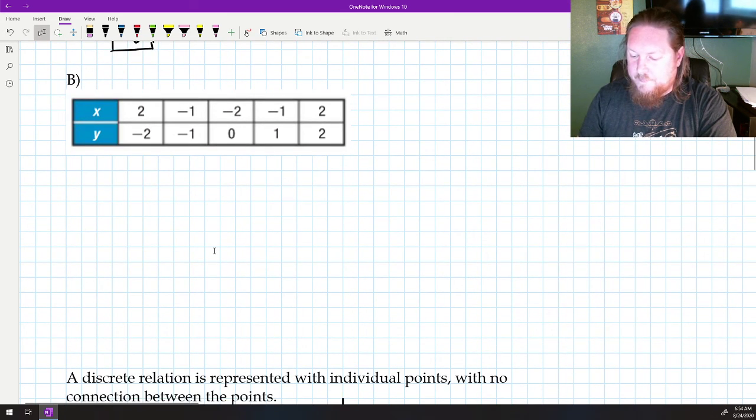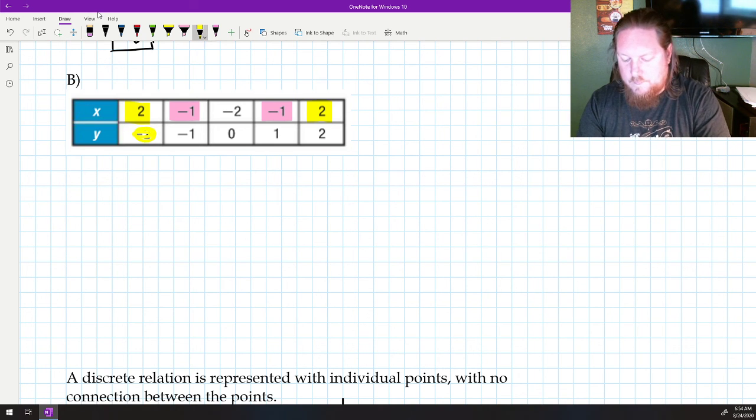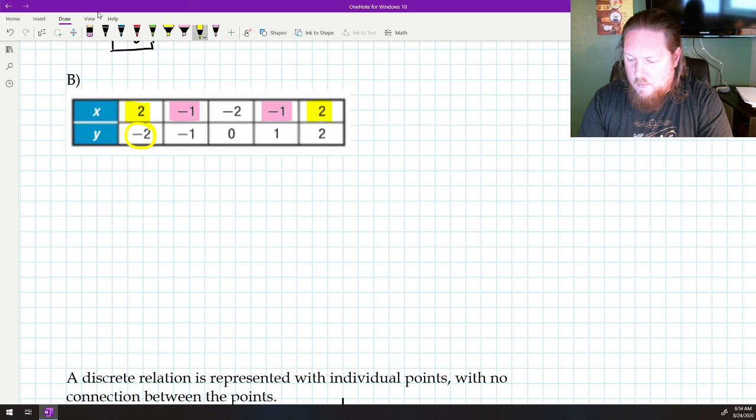Part B. Here, what I'm looking for when it's in table format is: are there any repeated inputs? 2, oh, so there's another 2 there. Then I've got the repeated inputs of the -1s. All right. Now let's check their outputs. -2 and 2.